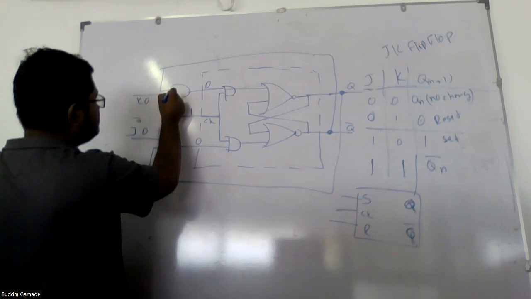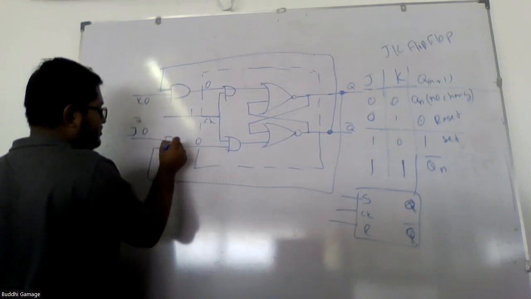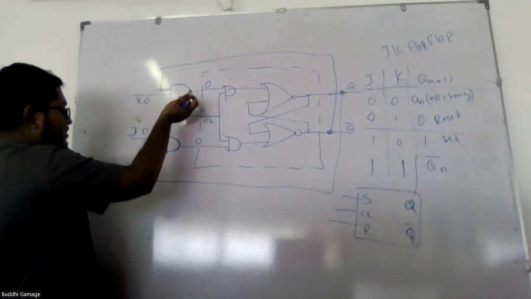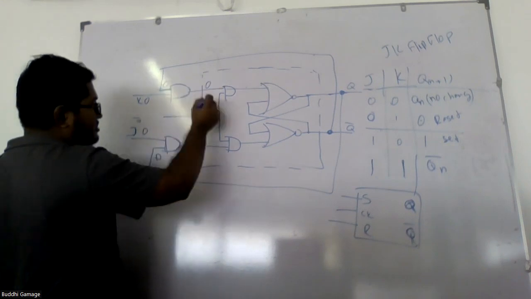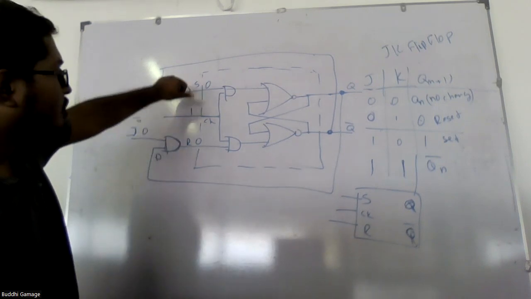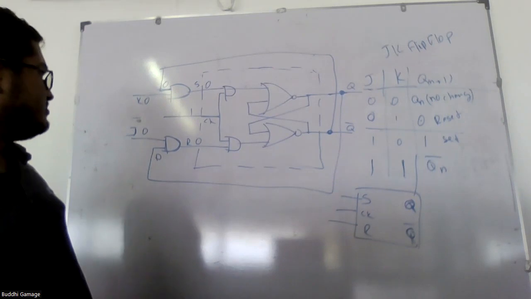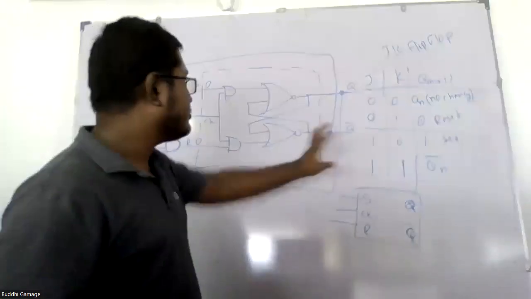How? Since this is an AND gate, anything coming in, either 1 or 0, doesn't matter, so our S and R will be 0. Since both are 0, the output is not going to change, right? The output is not going to change.